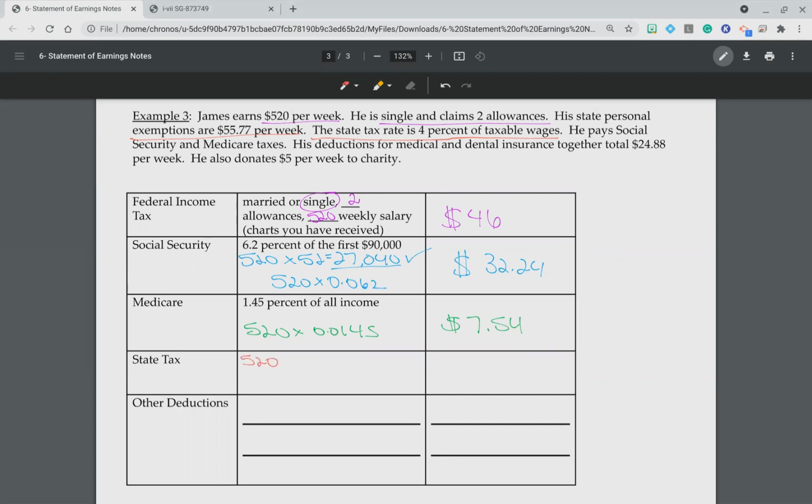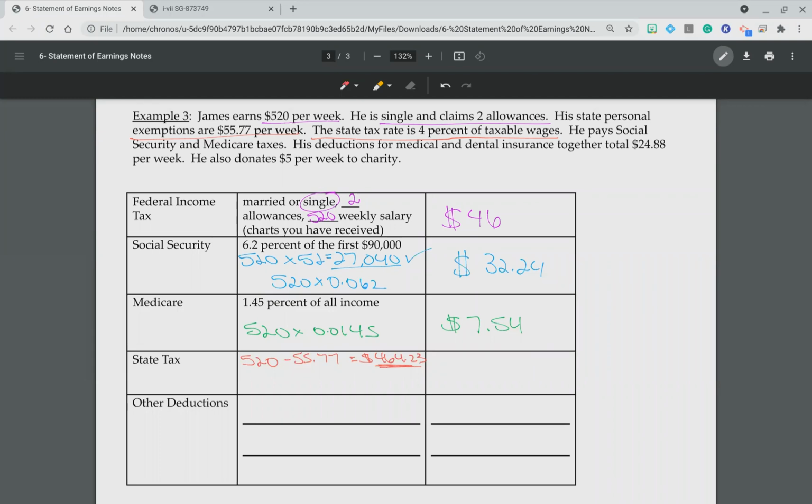We're going to take $520 and subtract his exemption of $55.77. And I get $464.23. So this is the amount of money, remember, that the state is allowed to tax.